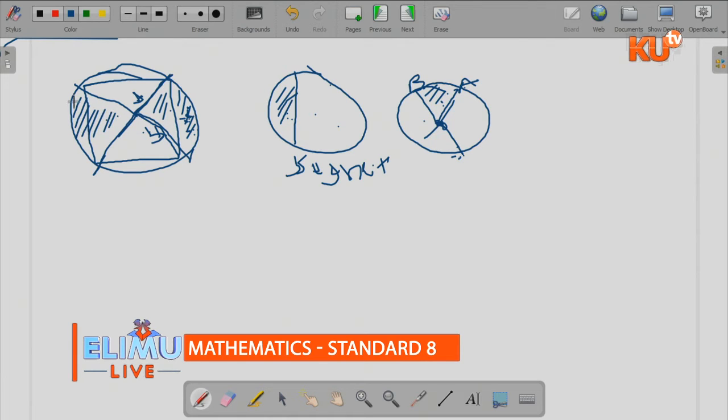Now what do? The first thing you ask yourself, what do you have the shaded part? Does it have a name? Yes, this one. It is sector. And sector, because they have told us here and here is 3, which means this is quarter circle.